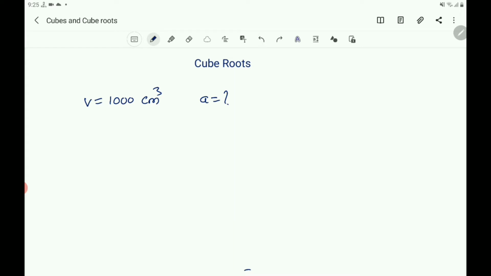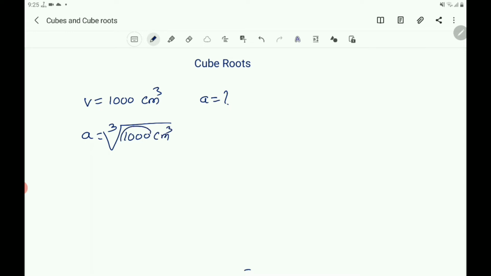You know that finding the square root is the inverse of squaring. Finding the square root is the inverse operation of squaring. Similarly, finding the cube root is the inverse operation of finding the cube. And here you can write A equals cube root of 1000 cm cube.